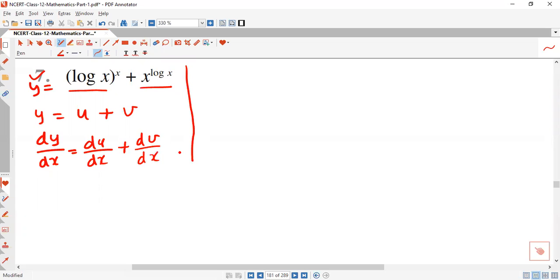So I have to find out u. u equals log x raised to power x. Taking log on both sides, we get log u equal to x times log of log x.